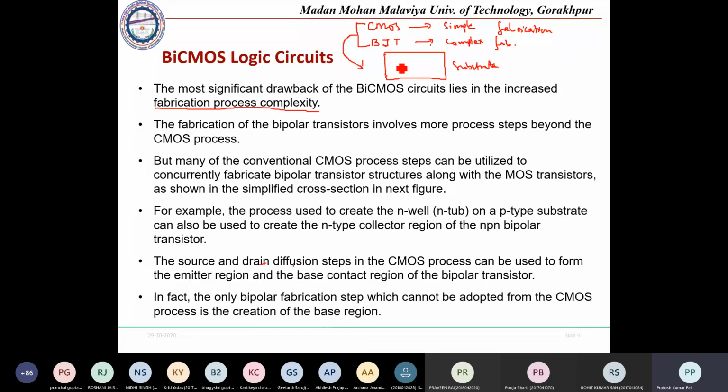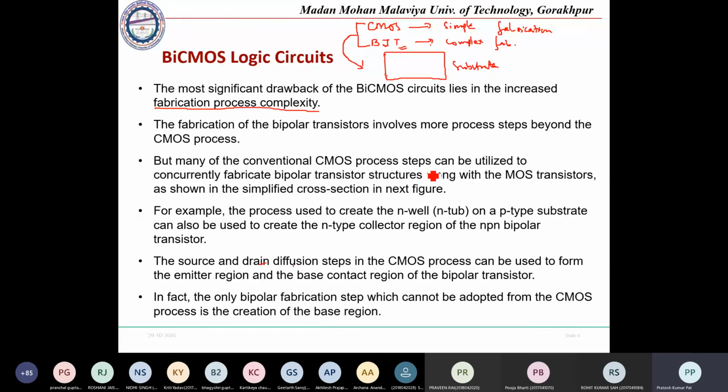It will be having more complex fabrication steps, because BJTs have some steps to fabricate, but CMOS has other steps and processes for fabrication. So after combining these two, a complex fabrication step will be required for the fabrication of bi-CMOS. But there are some steps that are common to both BJTs and the CMOS logic.